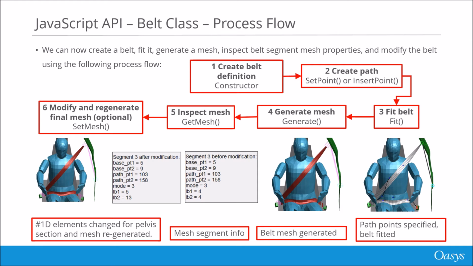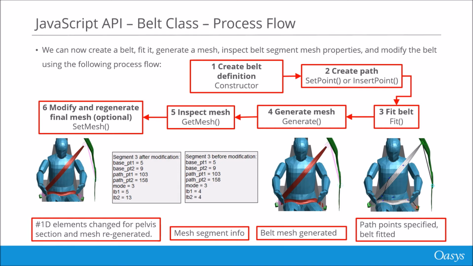So here we have an example of a process flow where you're creating a belt path and belt through JavaScript. So the first stage is the constructor, where we define the belt definition. We then create path points for the belt path using setPoint or insertPoint. We then fit that belt around the occupant in the seat.